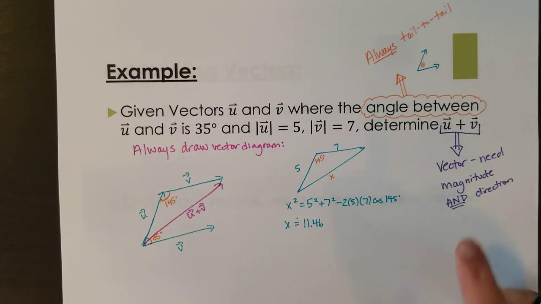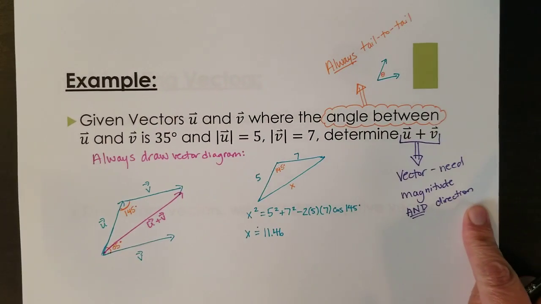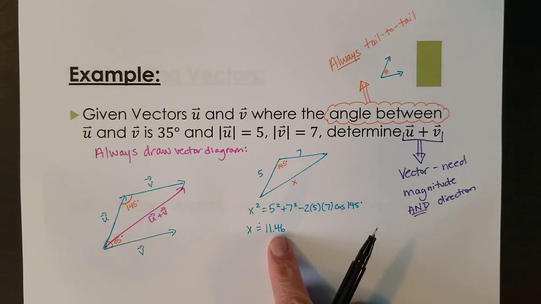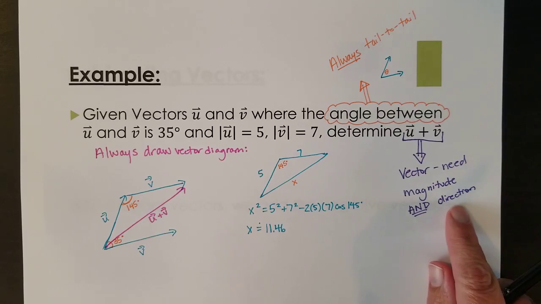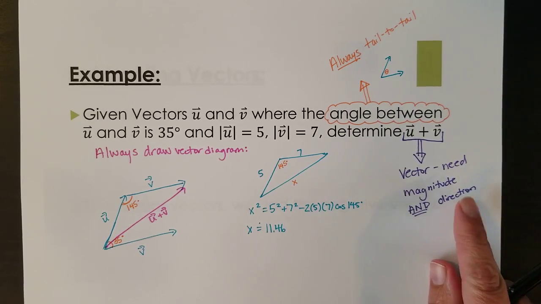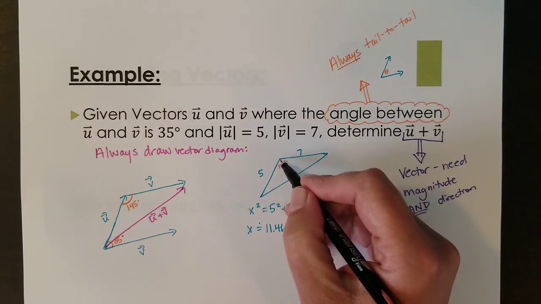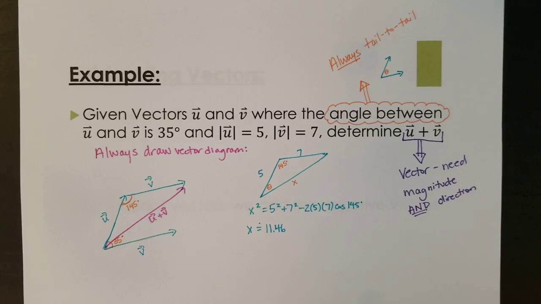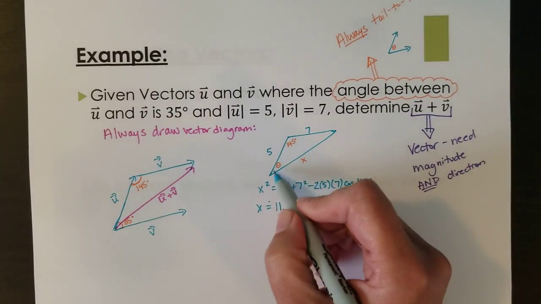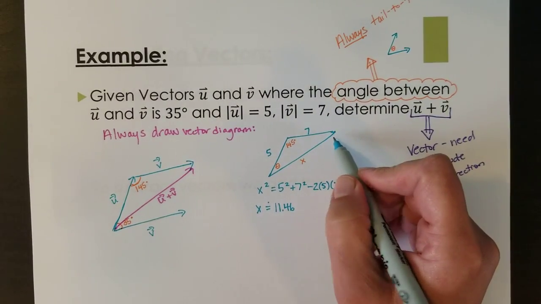Now, I also need to be able to describe the direction of my vector. So I have the magnitude here. U plus v has a magnitude of 11.46. And the direction, I'm going to put in reference to my vector u. So I'm going to put in an angle theta there. And then I will solve for this theta using the sine law.